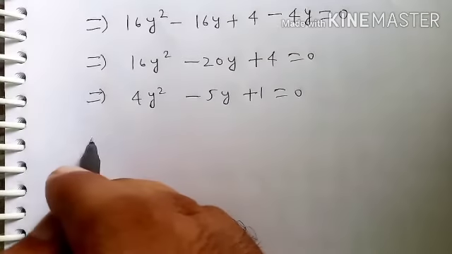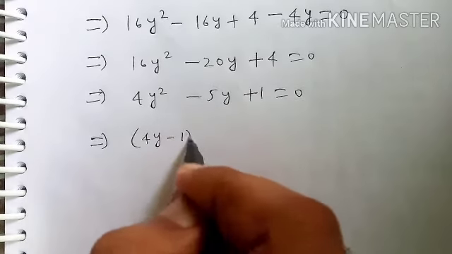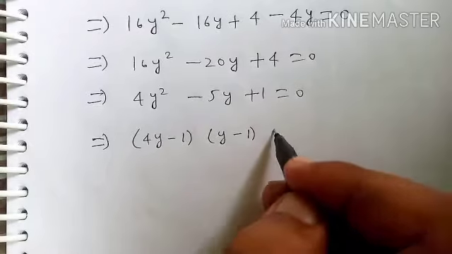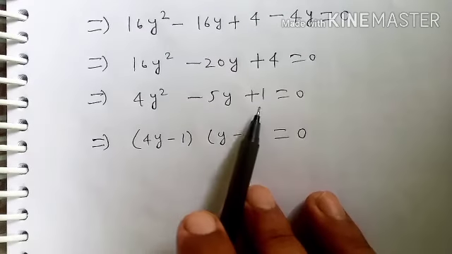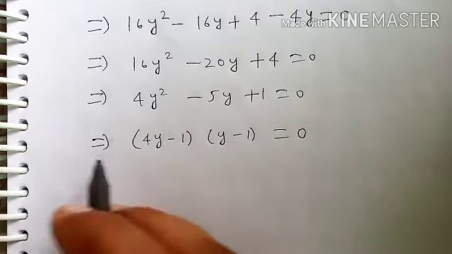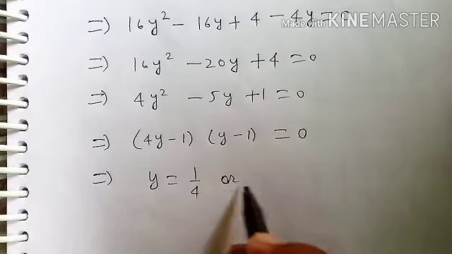This can be written as 4y minus 1 into y minus 1 is equal to 0. You can factorize to get this one. From here we have y is equal to 1 by 4 or 1.